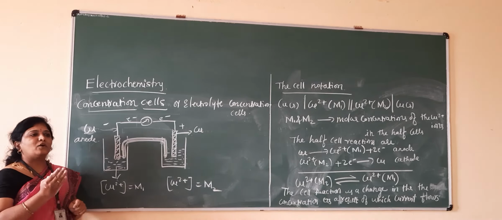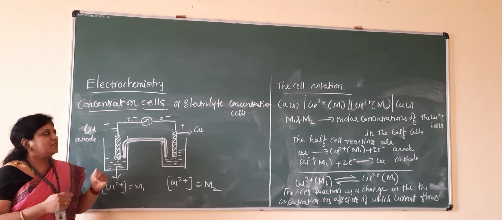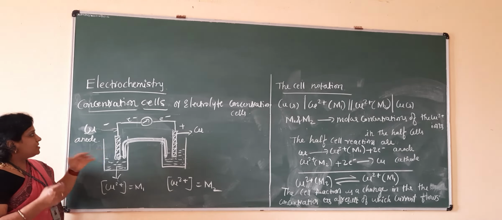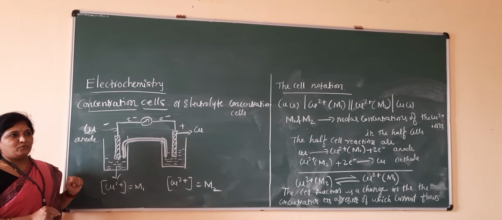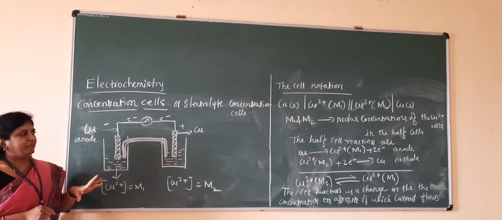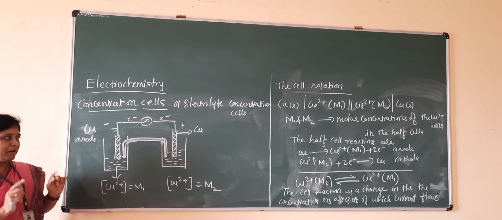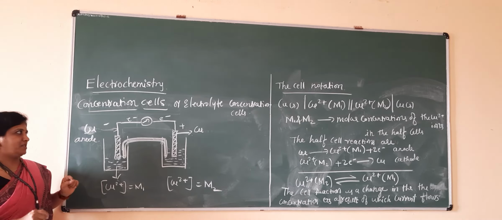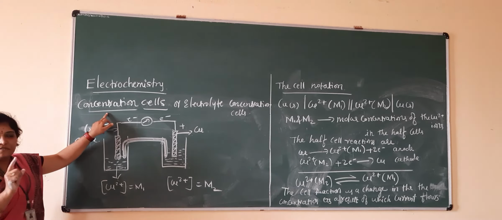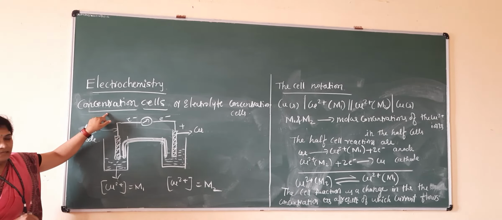I'll repeat, because you know that cell means two electrodes have to be there. In a concentration cell, both the electrodes are made up of the same element and are in contact with the same electrolyte but of different concentration. Only the concentration varies. That's why the name, as you can see, electrolyte concentration cells.